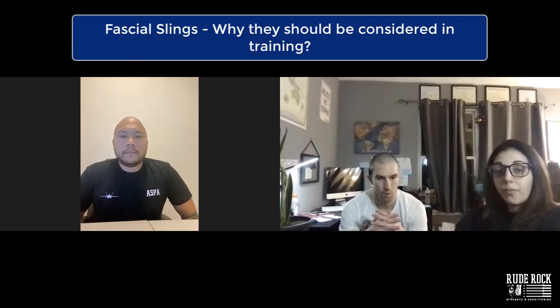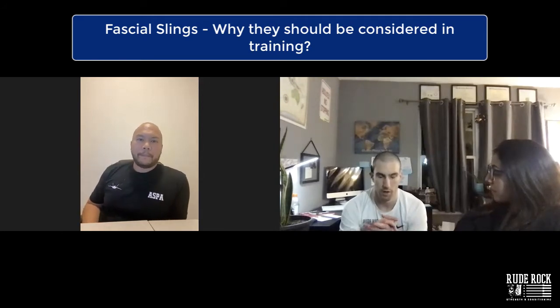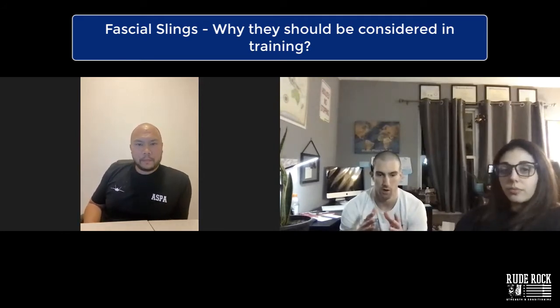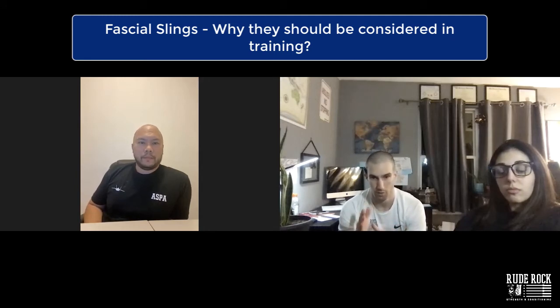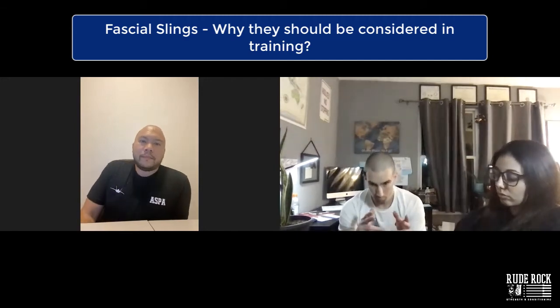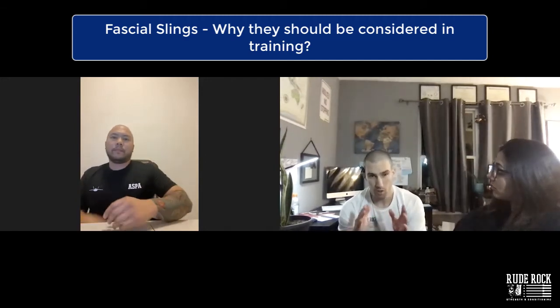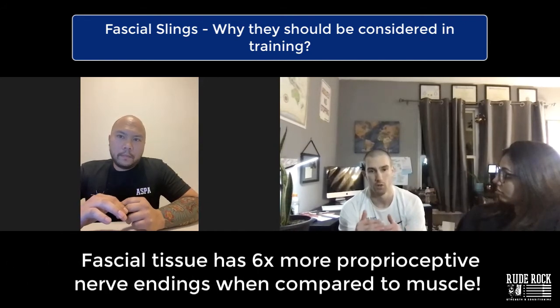Right. We've mentioned it, and honestly we could easily go for 90 minutes on this, but to keep this consolidated, I want to shift gears and speak more specifically to the neurological and proprioceptive aspect of it. It has been recently published that fascial tissue has about 6 times more proprioceptive bodies and nerve endings when compared to muscle.